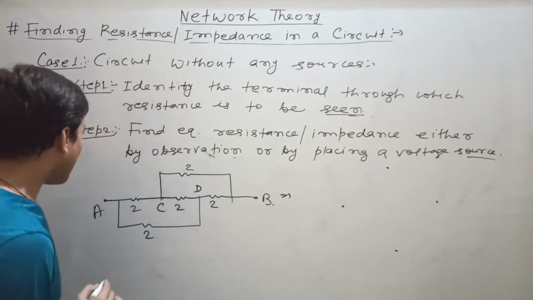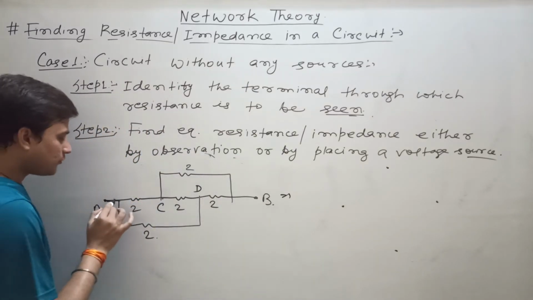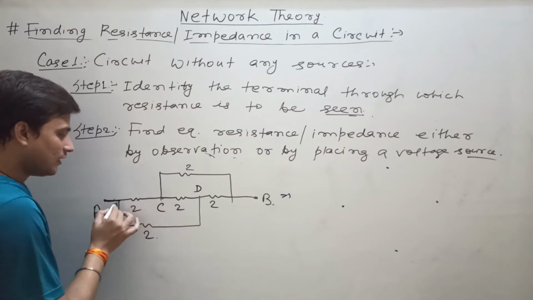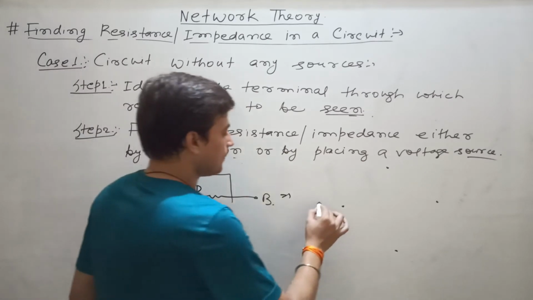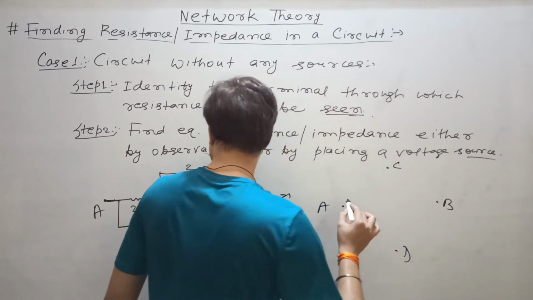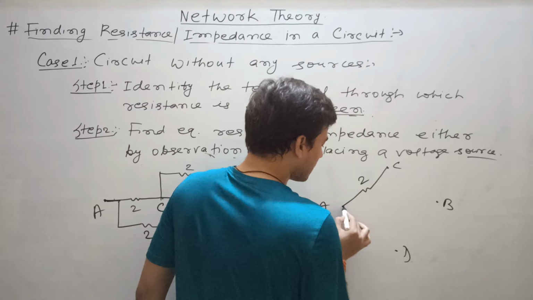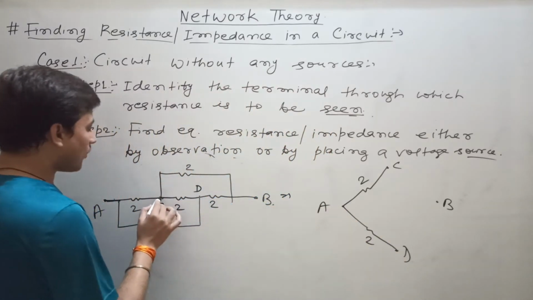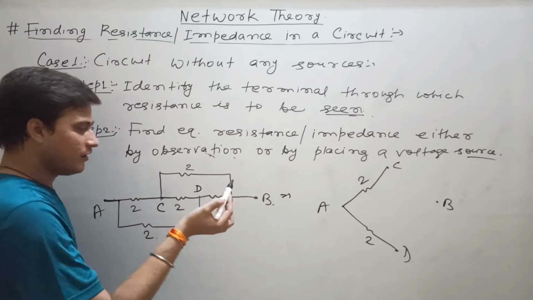Now start from point A. Start traveling from point A. Now you have to see it has the connections with node C. It has the connections with node D. So A, B, this is C, this is D. So A has connection with C, that means 2 ohm. A has connection with D, it is 2 ohm. Come to point C. It has one connection with A, which you have already mentioned.